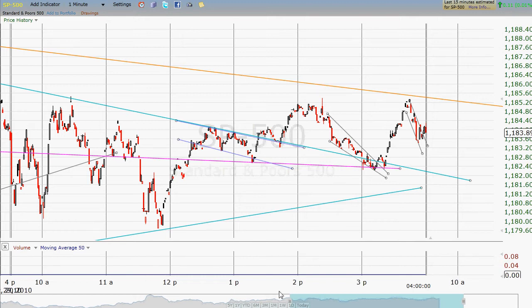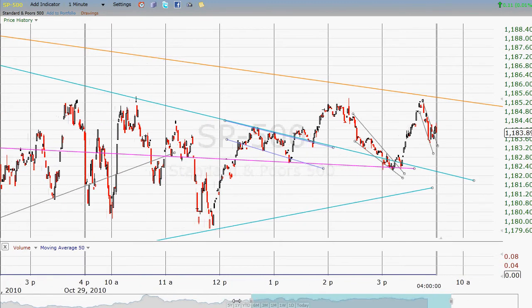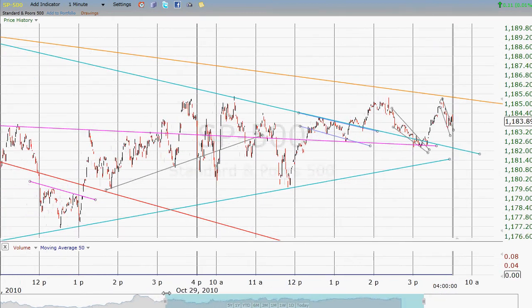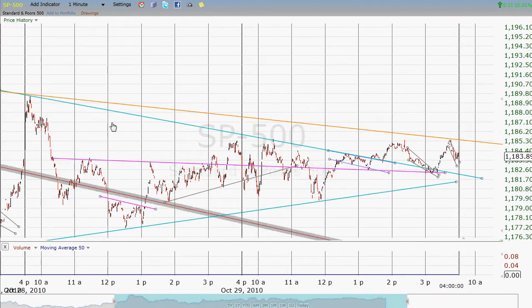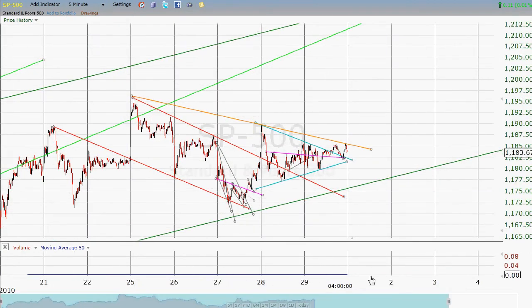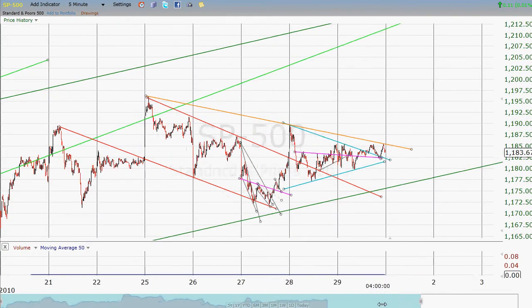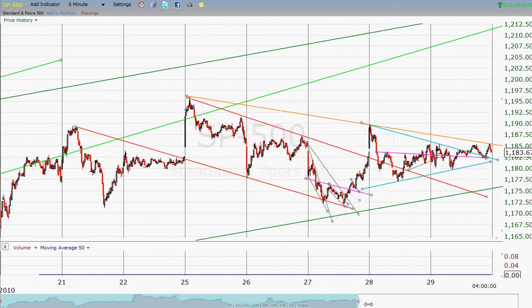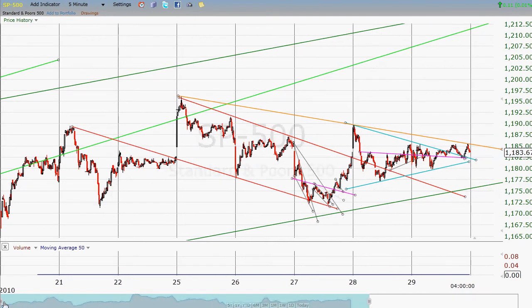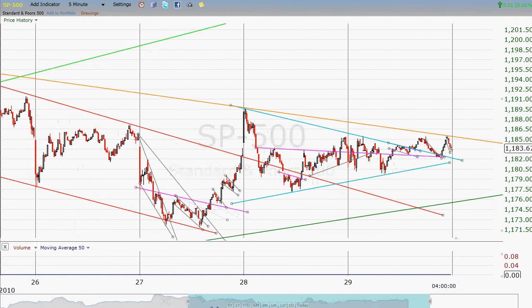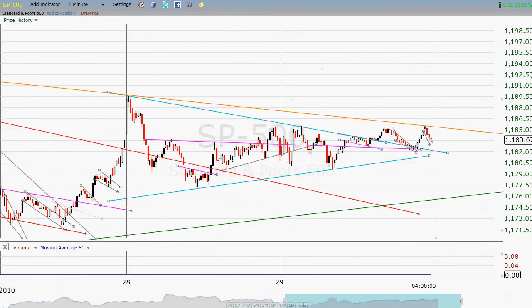To begin with, I'm going to make this a 5-minute chart so it doesn't get quite so hard to see with all the little details. And let's zoom in some. There we go.